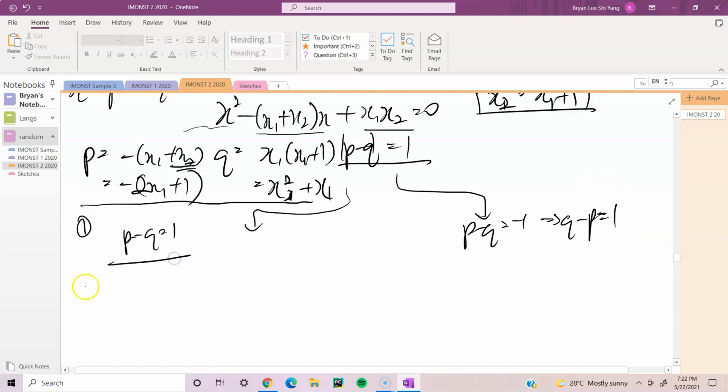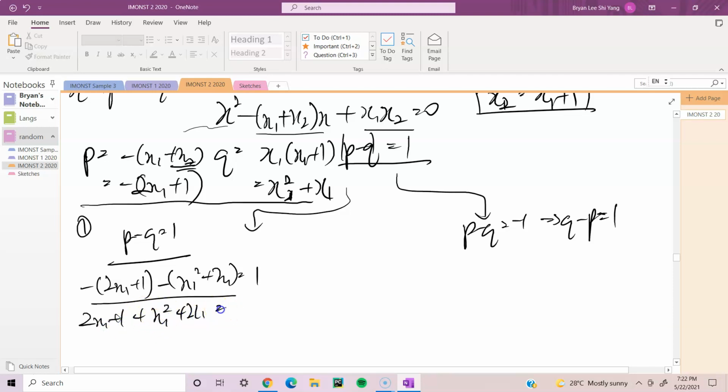For this one, we would have negative 2x1 plus 1 minus x1 squared plus x1 equals 1. Because both of these are negative, we don't really like it, so we can just invert the values. So we would have 2x1 plus 1 plus x1 squared plus x1 equals -1.